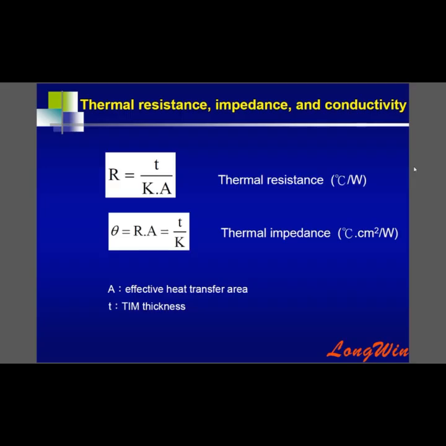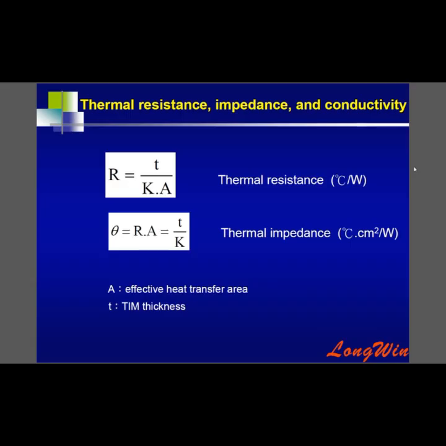And the key point is, if you want to compare the thermal resistance, you need to consider thermal impedance, because thermal resistance would be different when the heating surface or heating area is different.